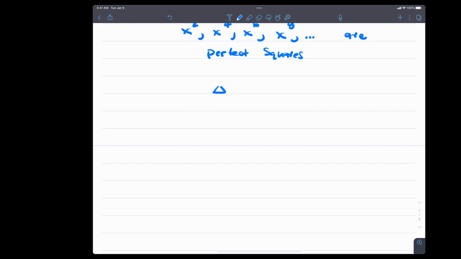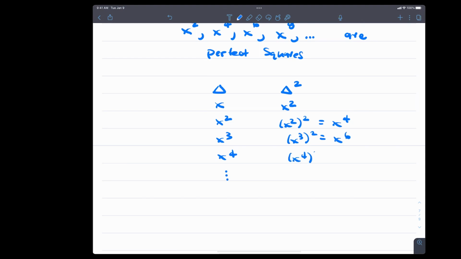Well, when you actually created the list, we put x squared, x cubed, and so on, right? That list. So if I take x and I square it, x squared squared is x to the fourth, x cubed squared is x to the sixth, x to the fourth squared is what? X to the eighth, and so on.